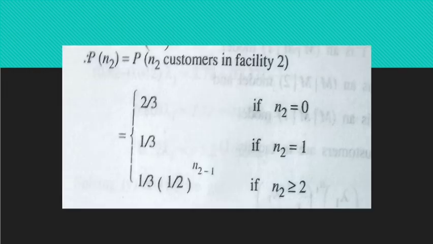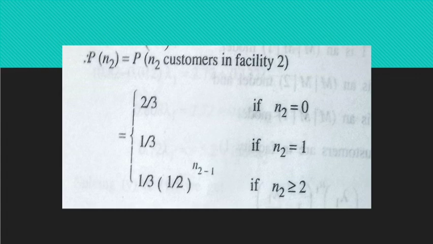For n2 greater than or equal to 2, we have the formula Pn2 is equal to 1 by c factorial c power n minus c into lambda 2 by mu 2 whole power n2 into P naught. So this is our formula. If you substitute, you will get 1 by 3 into 1 by 2 whole power n2 minus 1. Therefore in general P of n2 equal to 1 by 3 if n2 equal to 0, 1 by 3 if n2 equal to 1, and 1 by 3 into 1 by 2 whole power n2 minus 1. This is for P of n2.